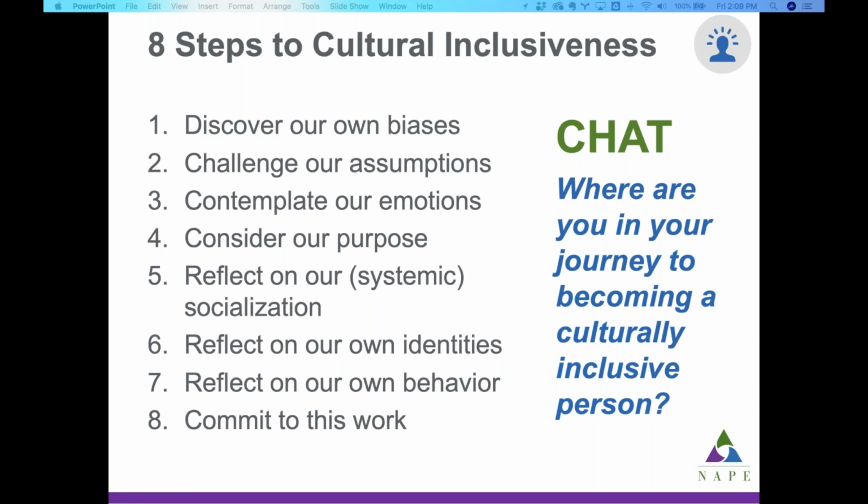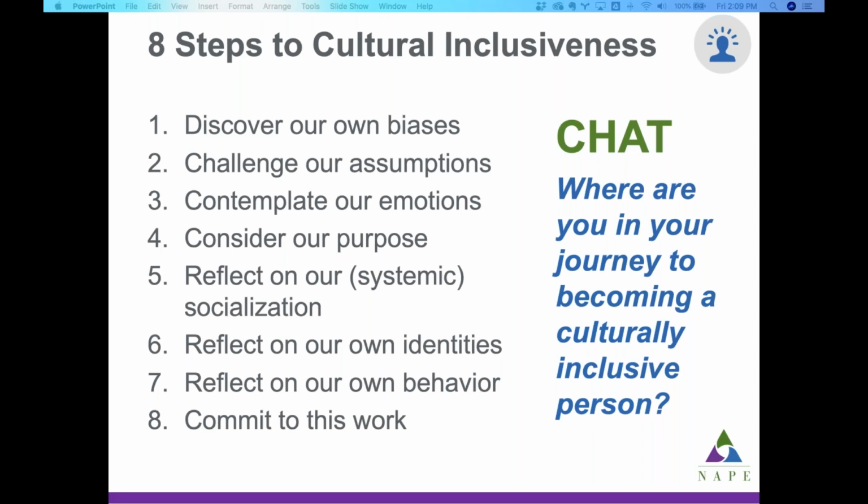And the first is that we want to begin to discover our own biases. We want to challenge our assumptions, contemplate our emotions. So when you're feeling a reaction, ask ourselves, why am I experiencing this? Really consider our purpose, reflect on our own socialization from a systemic way.